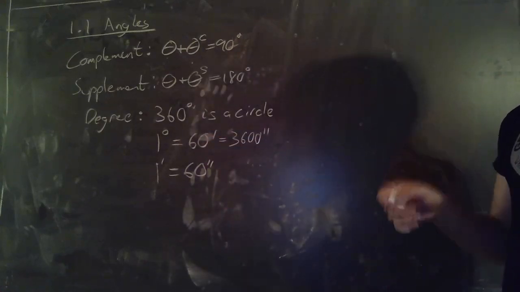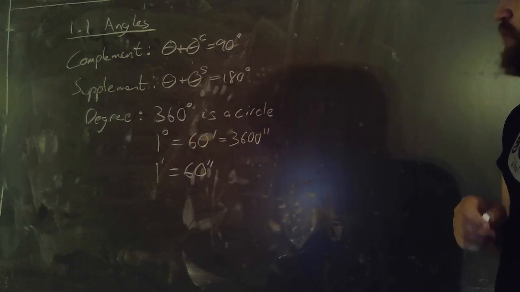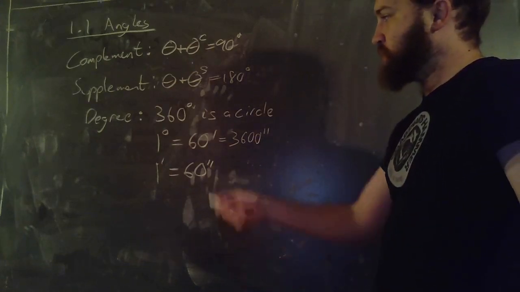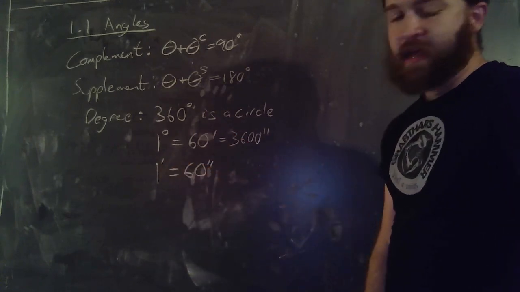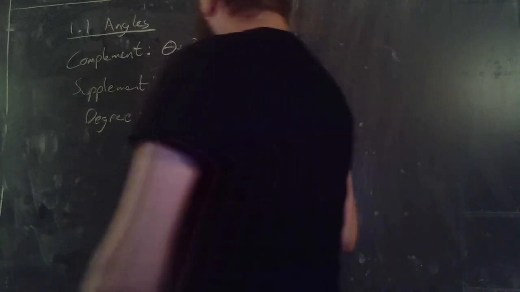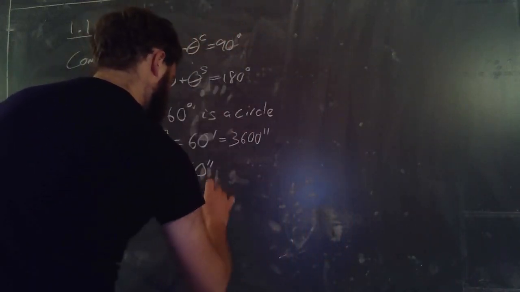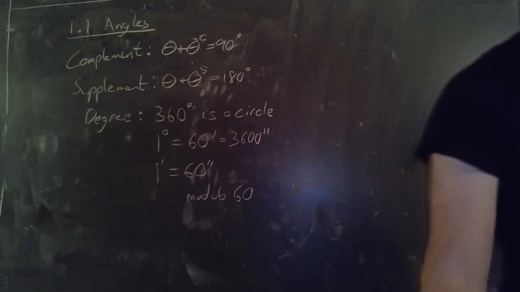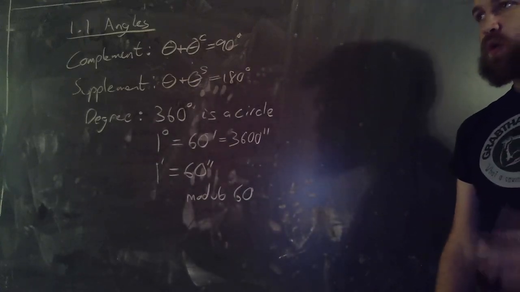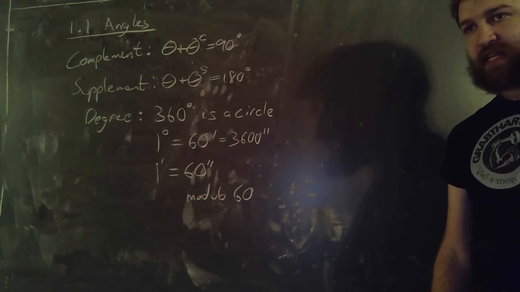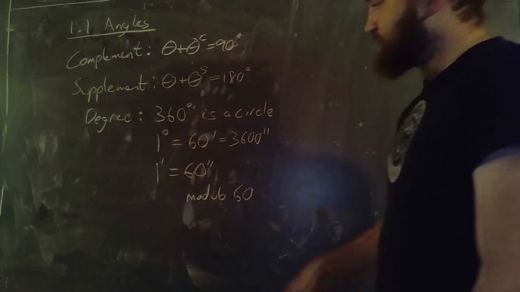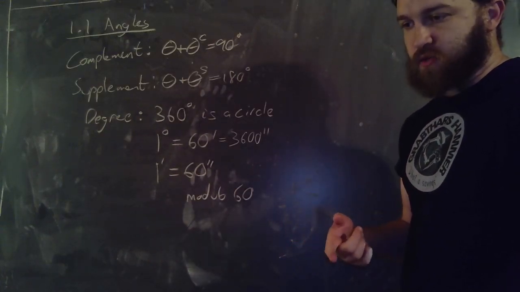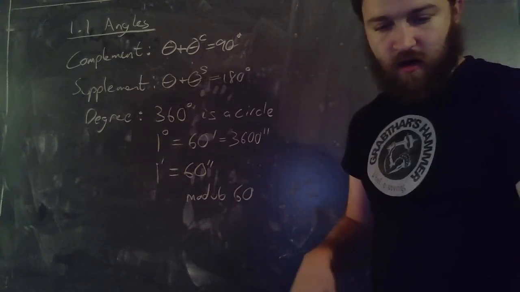Now, when we do calculations with these things, what is important to notice is that because the conversion factor from degrees to minutes and from minutes to seconds is 60, we are working with what we call modulo 60. In other words, every time we have a number that exceeds 60, we simply subtract 60 from it, and we add one more to the place value that is higher than that.